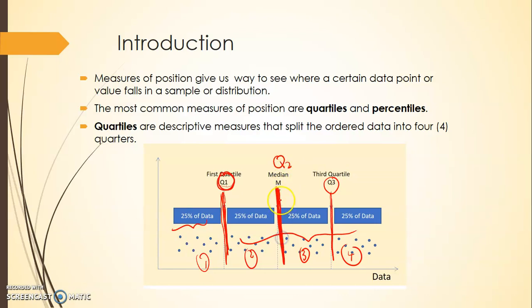It is actually the middle value. So for the median, 50% of the data are smaller than the median value, and the other 50% are bigger than the median value.